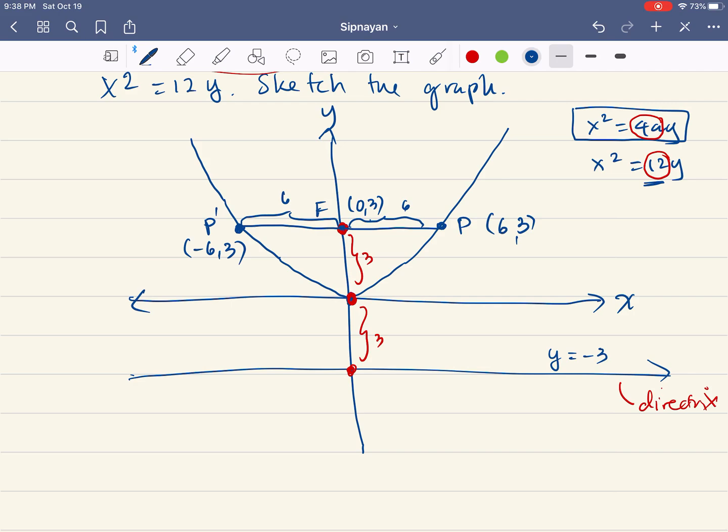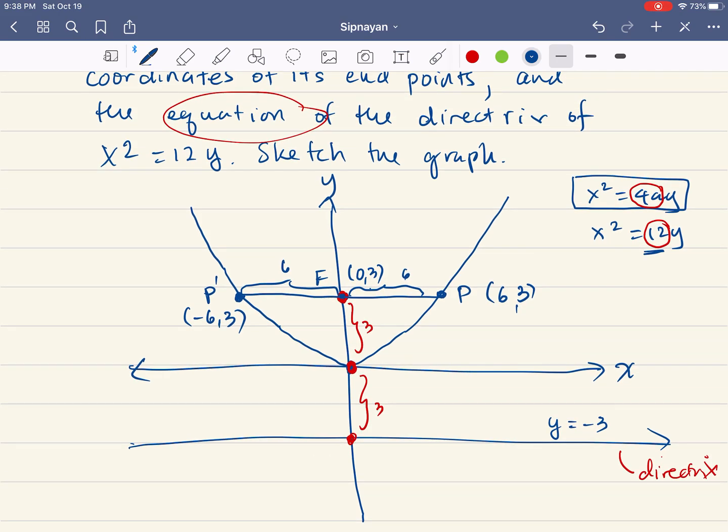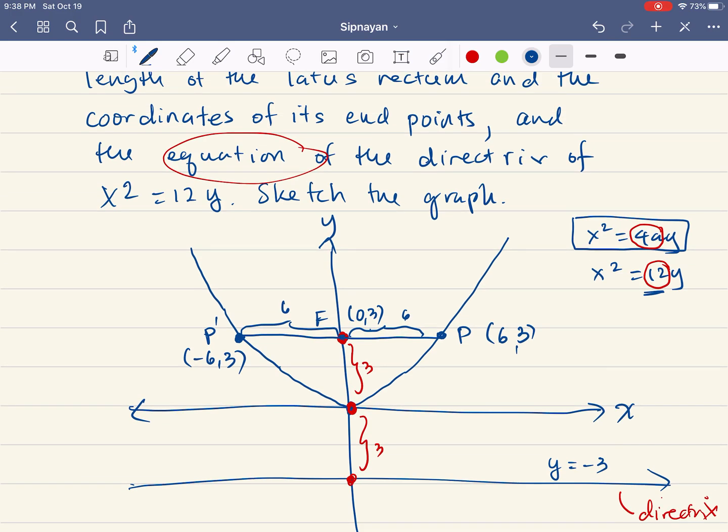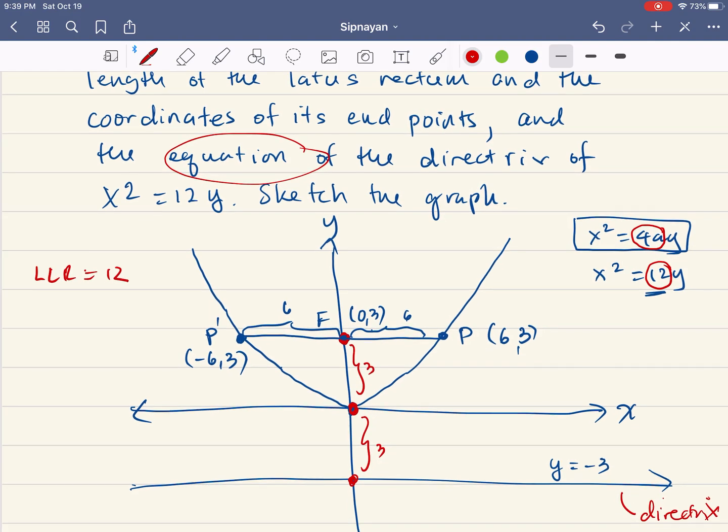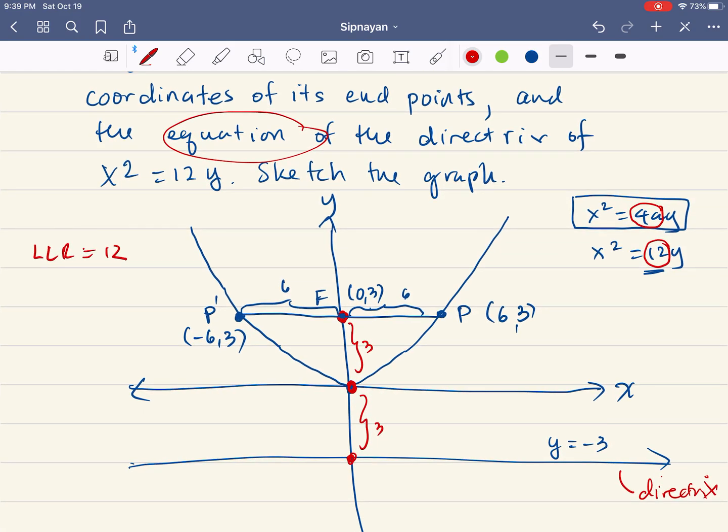Okay, nakuha na natin yung length ng latus rectum. The length of the latus rectum, LLR na lang, is equal to 12. Tapos yung coordinates ng dulo, the coordinates of the endpoints of the latus rectum are 6, 3 and negative 6, 3.